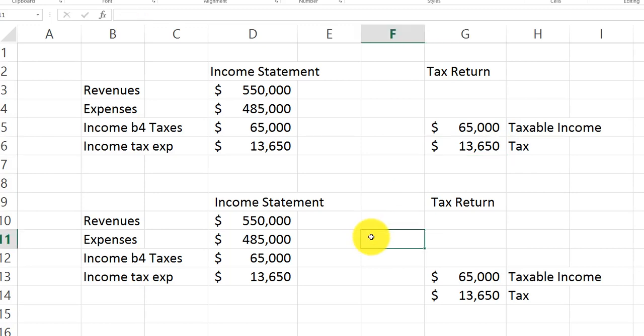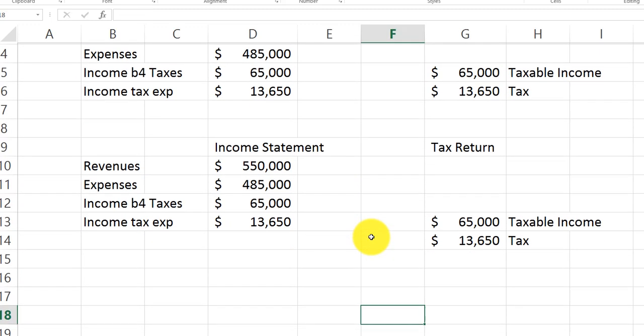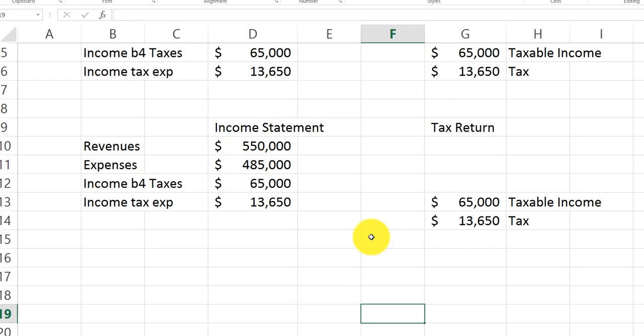Now let's move down here and consider the same numbers, except that we're going to have a single difference. So revenue, expenses, income before taxes, right? But then when we go over to the tax return, we realize that there is one item of revenue on the income statement, say it's municipal interest, that is not included for tax purposes.